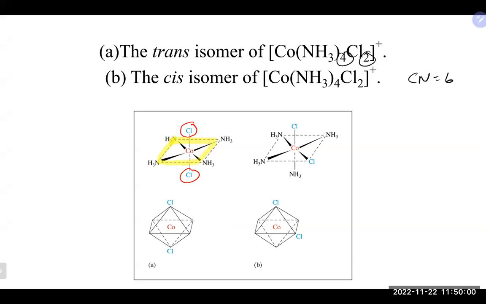So you can think of that plane as a separating point, and they're both opposites of each other for sure. On the right, we have our chlorines on the same side of the plane. They're both above the plane there. And that would be a cis isomer in this particular case.